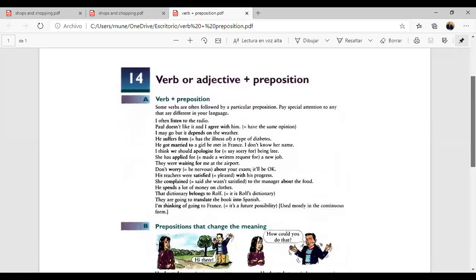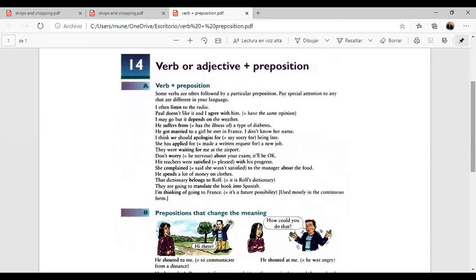In this lesson, you're going to include some new verbs and adjectives with prepositions. For example, here you have verb plus preposition. It says here, with the introduction, some verbs are often followed by a particular preposition. Pay special attention to any that are different in your language.